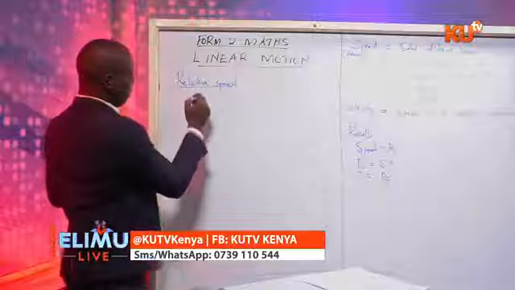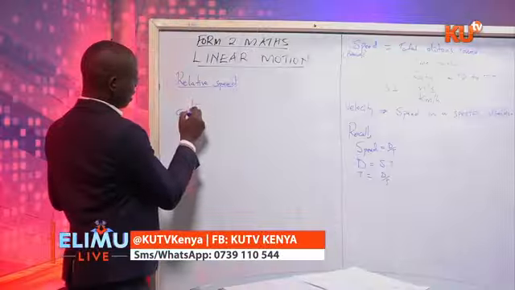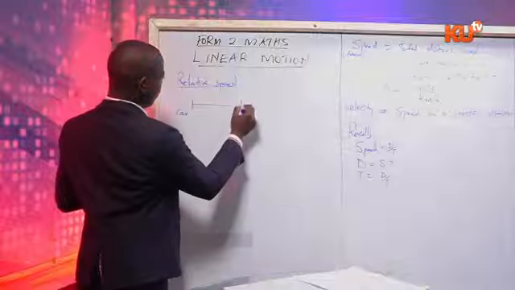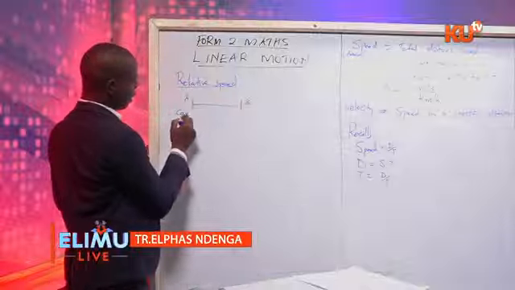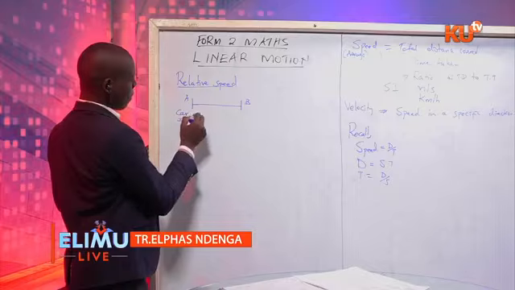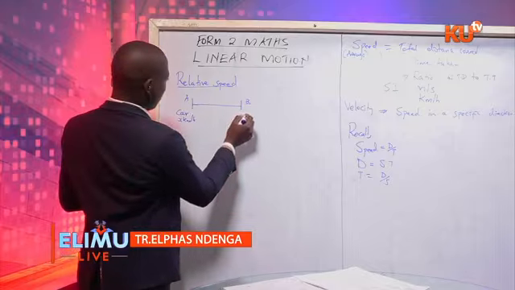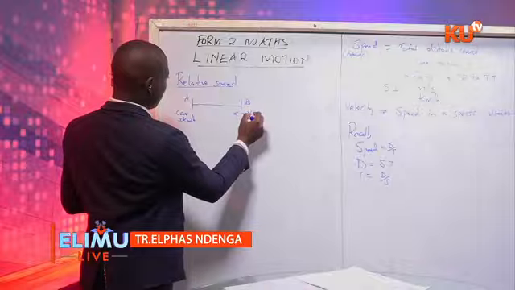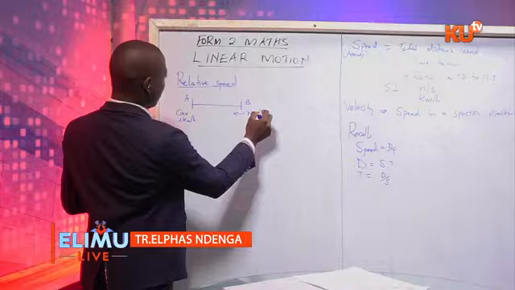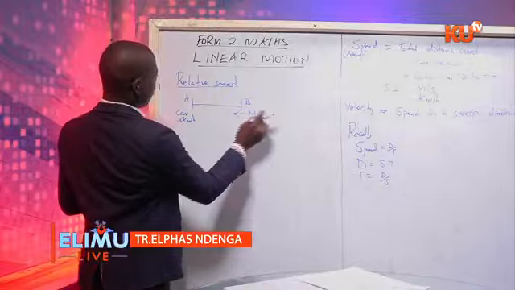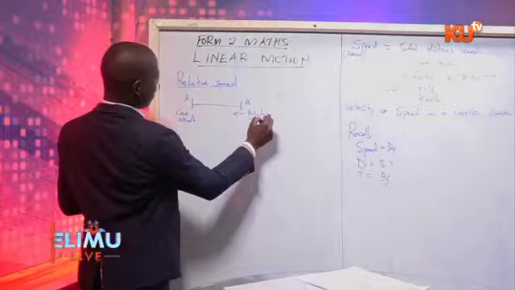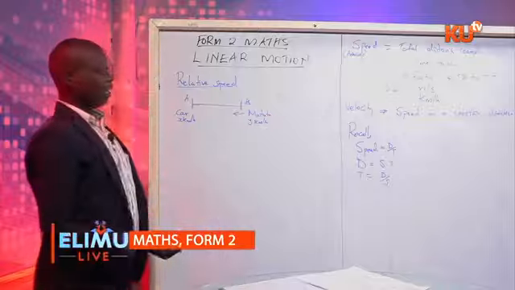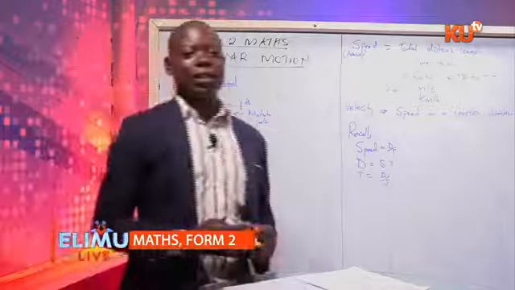If, for example, I have a car that is traveling from point A to point B at X kilometers per hour, and we have another vehicle, a matatu, that is moving from B to A at Y kilometers per hour, then these are two different speeds.